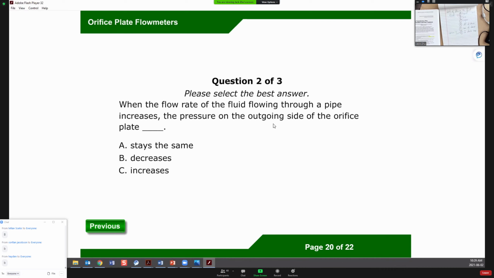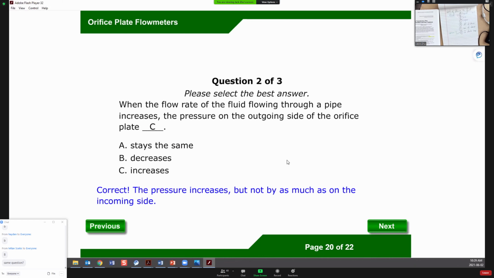Flow rate of the pipe increases, the pressure on the outgoing side is, so when the flow rate through the pipe increases, the pressure also increases, but not as much as the incoming side.